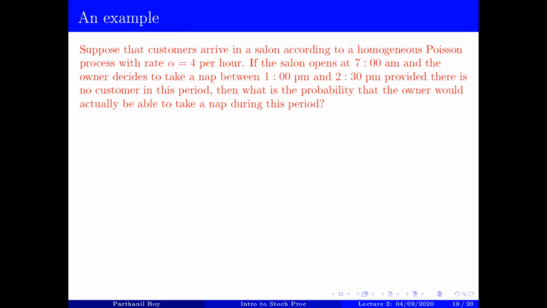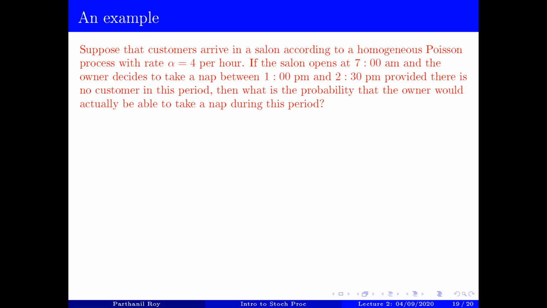Okay. Now suppose this is the goal that the owner has. Of course, he or she can take a nap provided there is no customer in this period. Now the question is, what is the probability that the owner would actually be able to take a nap in this period? Okay.